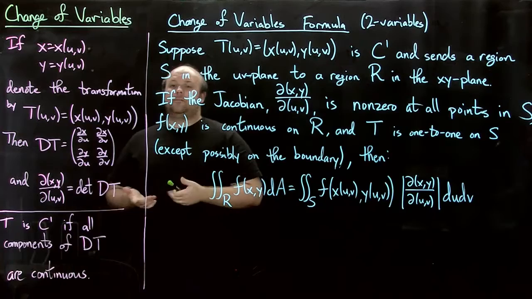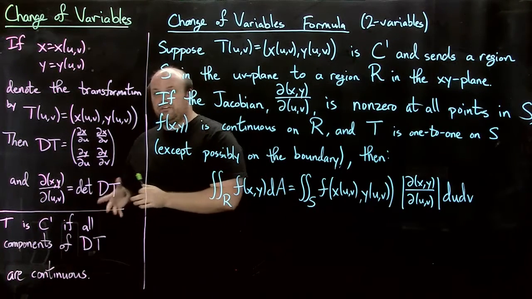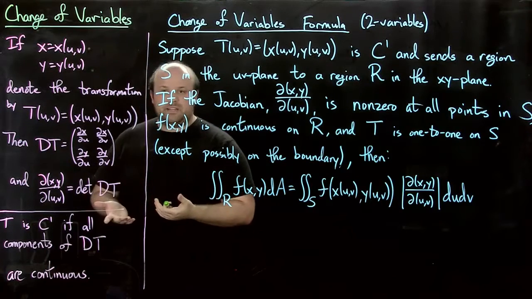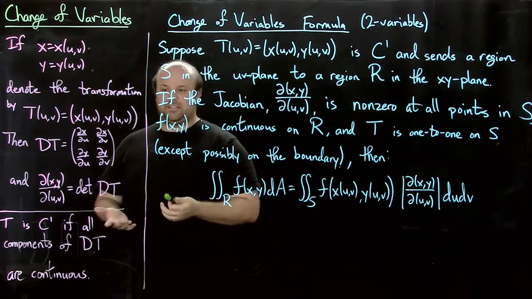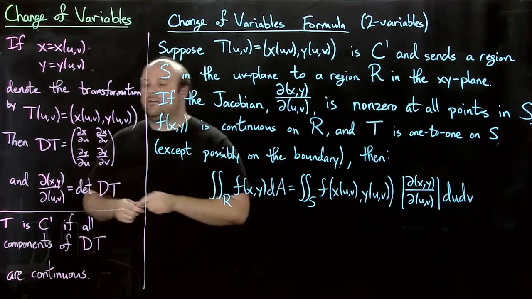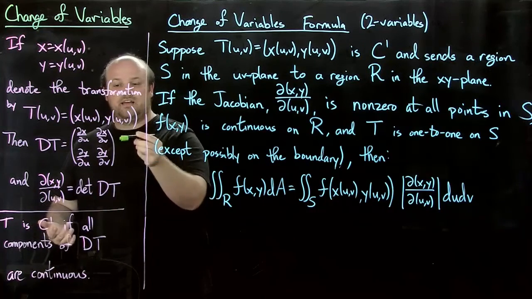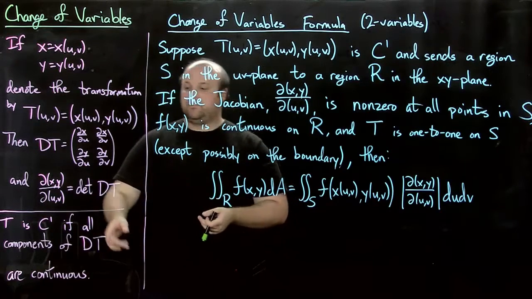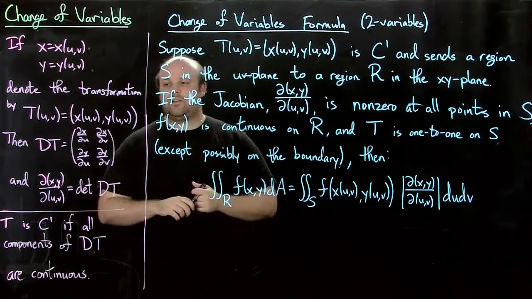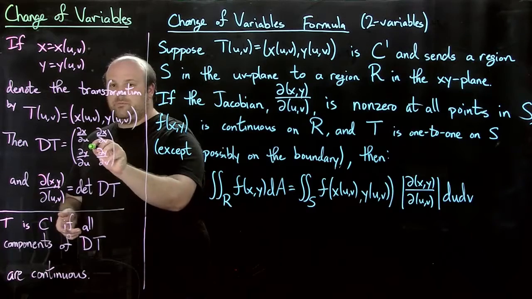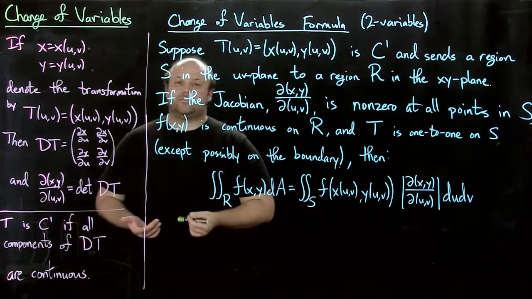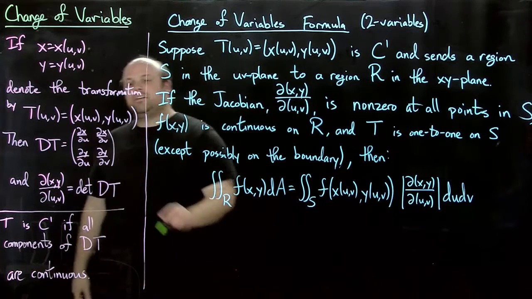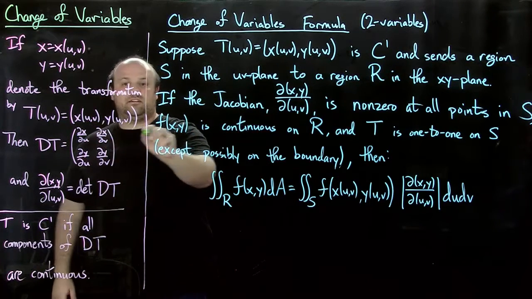If we have a multivariable function with multiple outputs, we can take the derivative matrix of that. And if you notice, this is exactly the matrix we take the determinant of to get the Jacobian. The way you get this derivative matrix, and this is true no matter how many variables and components you have, is you take the first component and take all its derivatives.